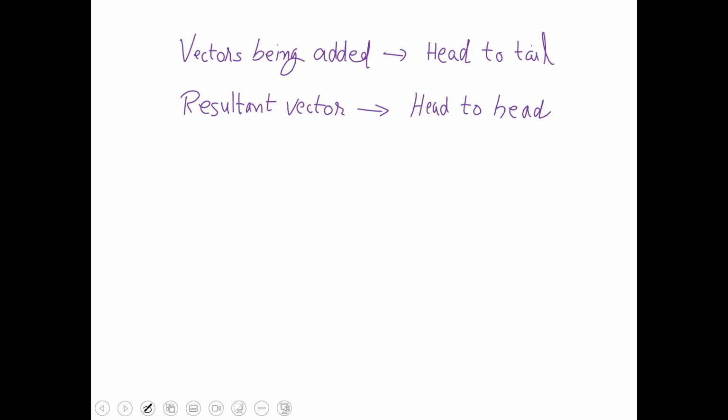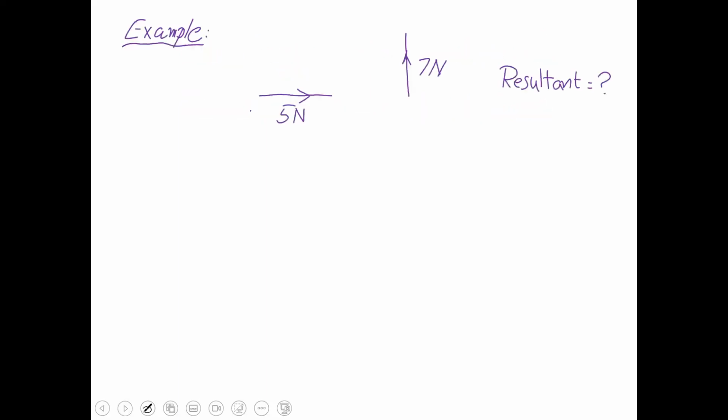Answer. Now I'm putting this example for practice, and you just copy this example.